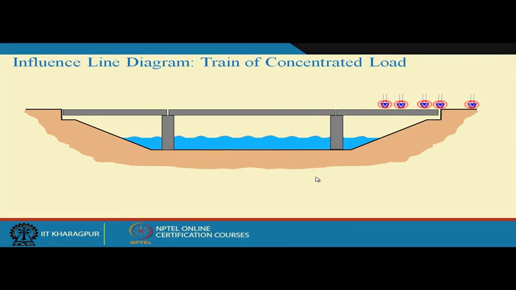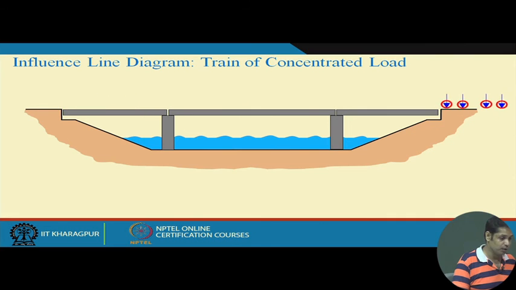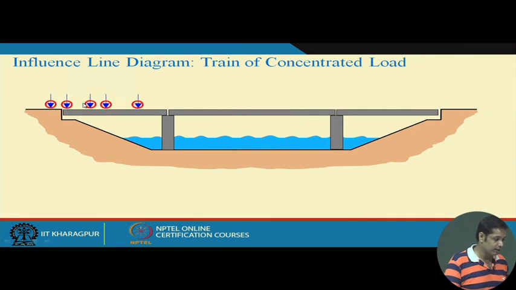So, that is all for uniformly distributed load. Now, there are many cases that cannot be idealized as uniformly distributed load, which are a train of concentrated loads. The train of concentrated loads is moving and the distance between the concentrated loads is maintained. If we know the position of these concentrated loads, then we can find the corresponding internal forces.